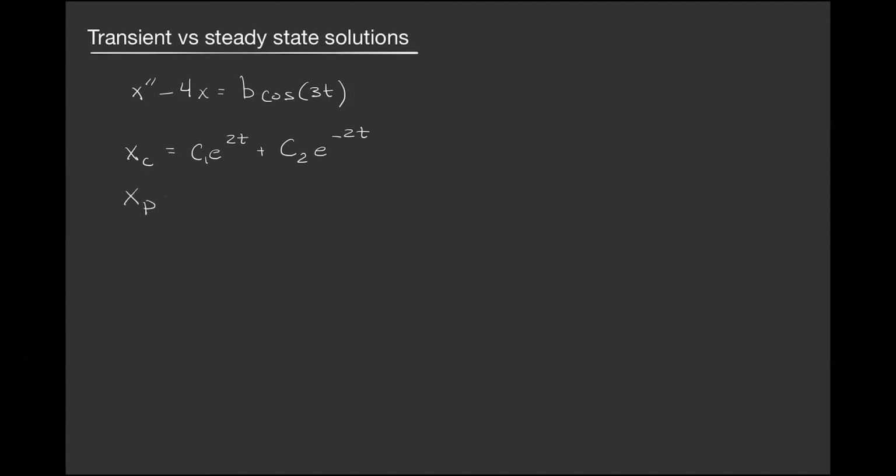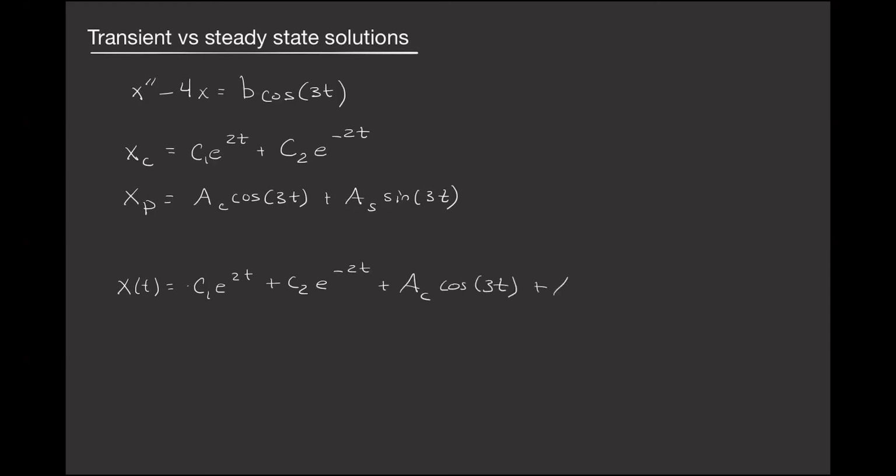And then your particular solution, because there's no repetition, will be, let's say, a_c cosine of 3t plus a_s sine of 3t. If you add these up, what you'll get is c1 e to the 2t plus c2 e to the negative 2t plus a_c cosine of 3t plus a_s sine of 3t.